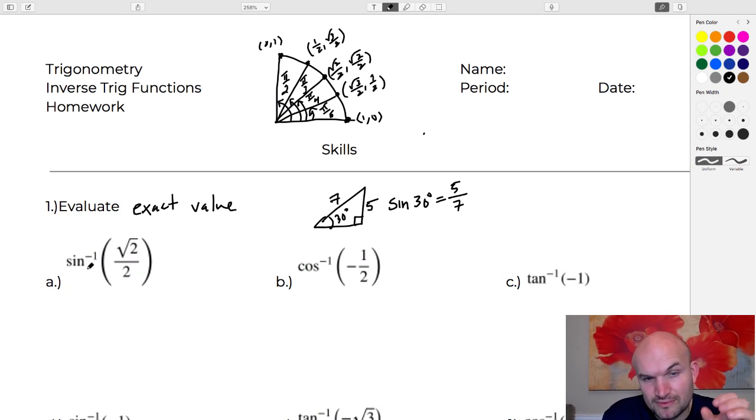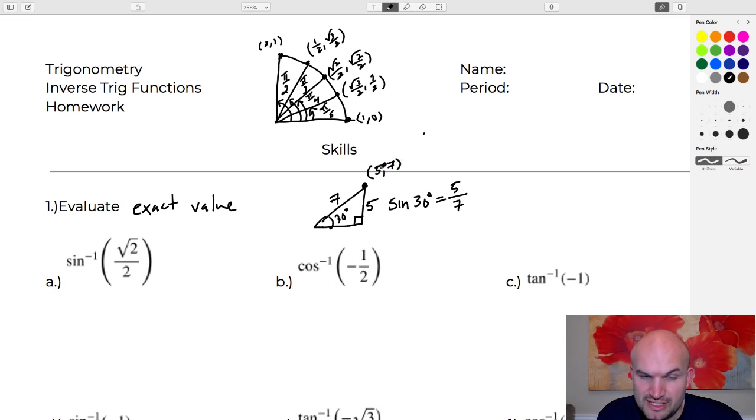And you can see here where the inverse function is, you're taking the sine inverse of a value. This isn't an angle. This is a value, and more specifically, a value of a coordinate point on the unit circle. So this would be like a coordinate point of 5 over 7.